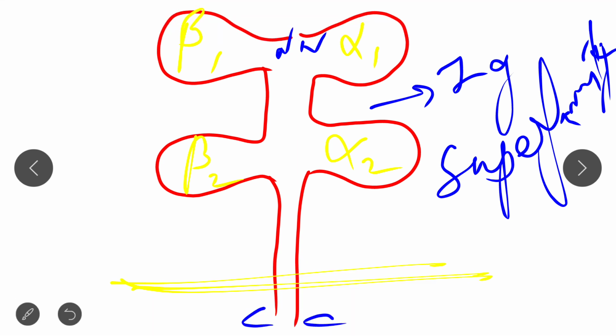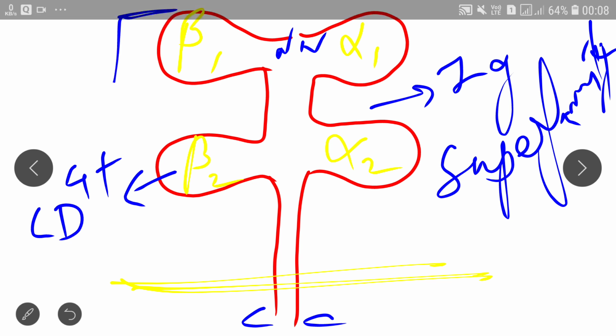Now, in case of MHC 1 molecule, we see that at alpha 3 the CD8 molecule binds. But in case of class 2, the CD4 binding site is beta 2. This CD4 binding site is beta 2. And these two domains, alpha 1 and beta 1, are the polymorphic domains.